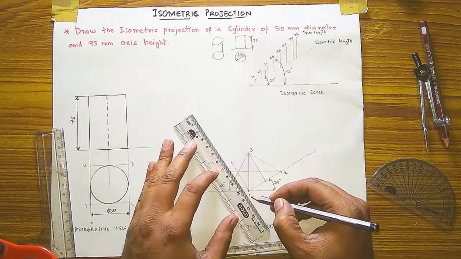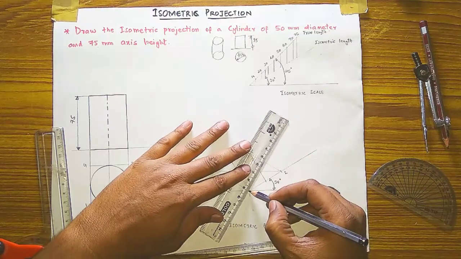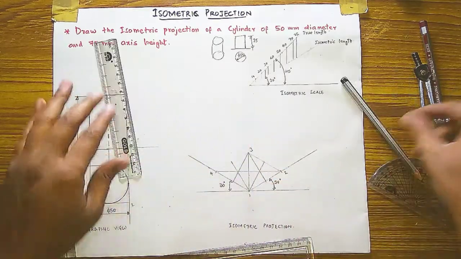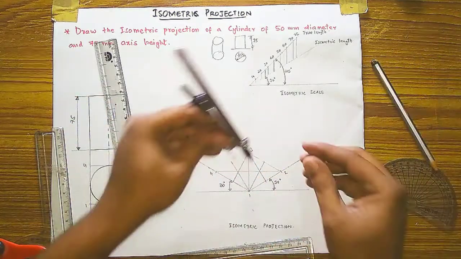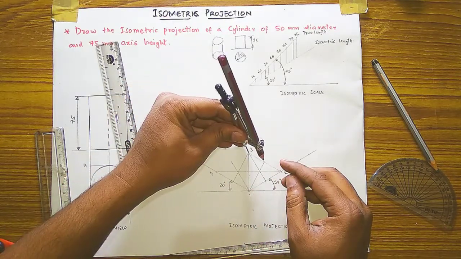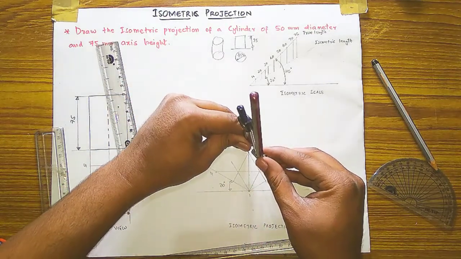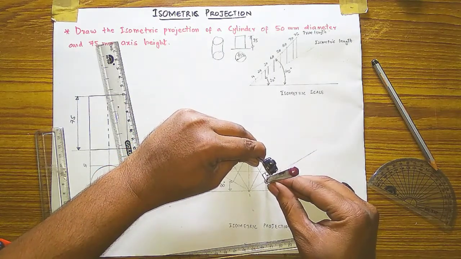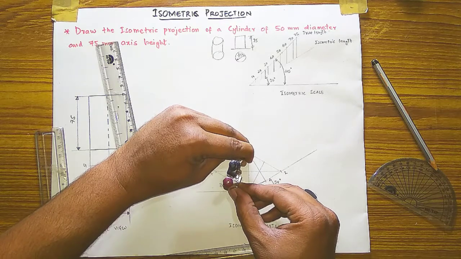And from this point 1, this arc and this arc. Then after that take your divider. So this much we have to do the arc from keeping on 3 and adjusting the mini drafter till that distance, and you have to draw this line.